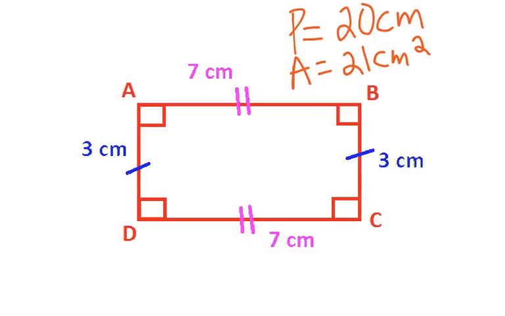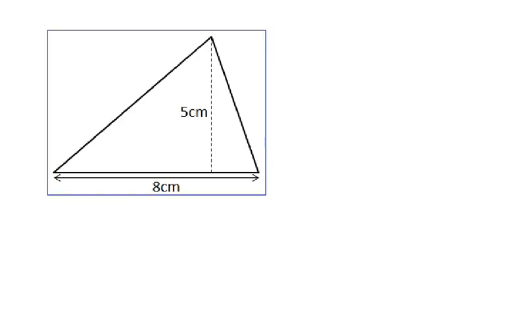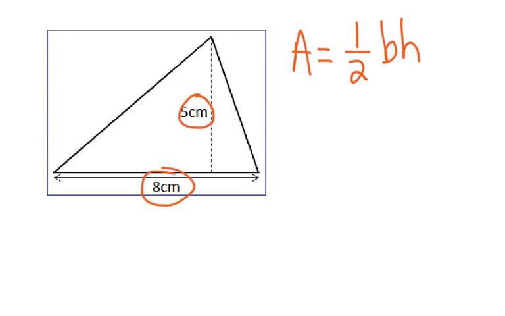Let's keep going. All right, triangle. Again, not going to talk about perimeter, and this one doesn't have all the sides labeled, so we're just going to talk about area. And for a triangle, area is 1/2 the base multiplied by the height, where 5 centimeters is the height and 8 centimeters is the base. So you need to sketch this triangle, label it, and then write down the formula.